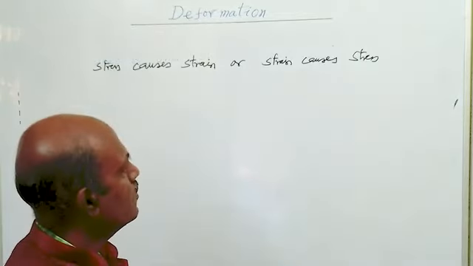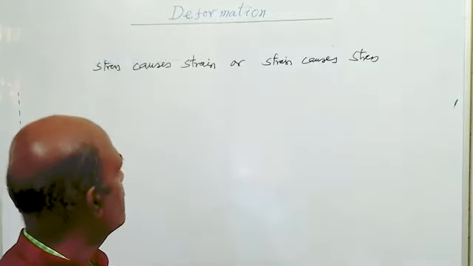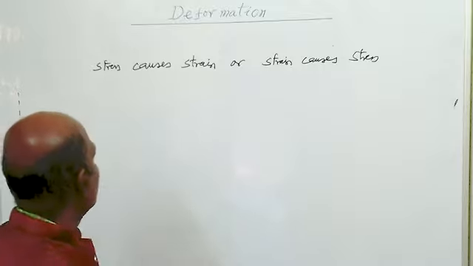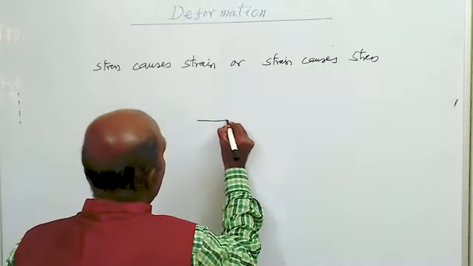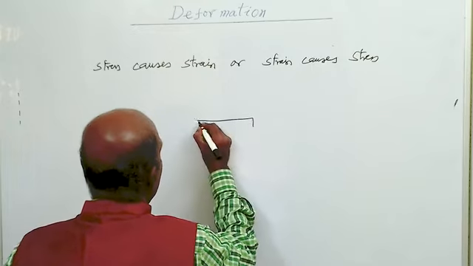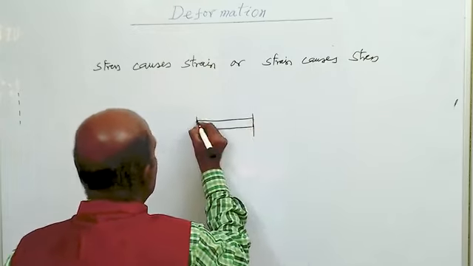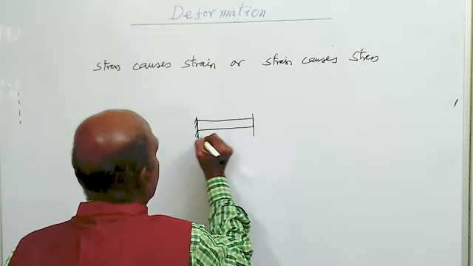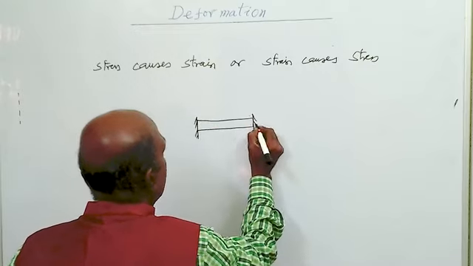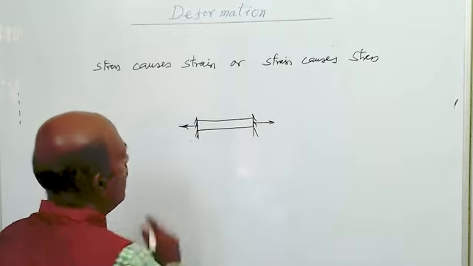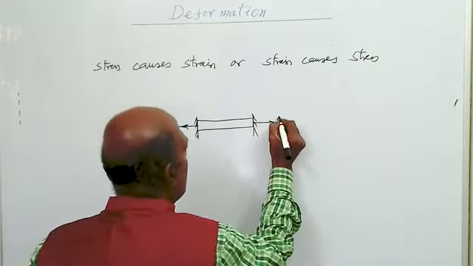We will see the next question. Justify the statement: stress causes strain or strain causes stress. So consider a bar under two rigid end supports. Let P be the external load acting over the bar.